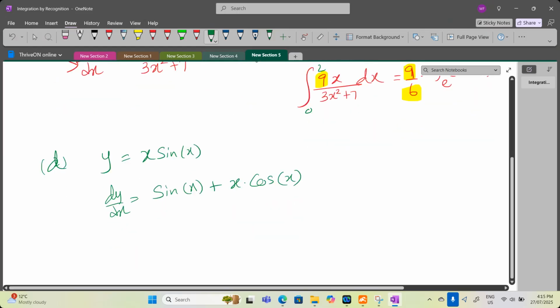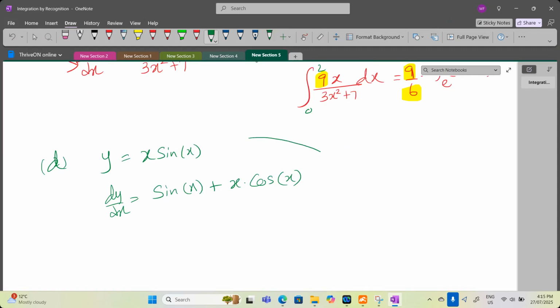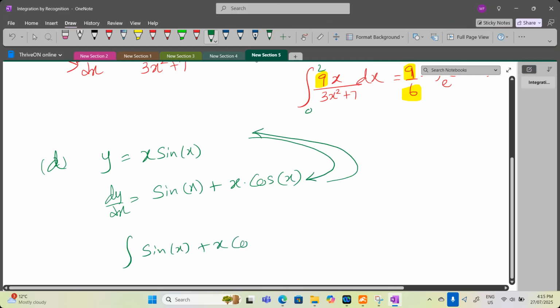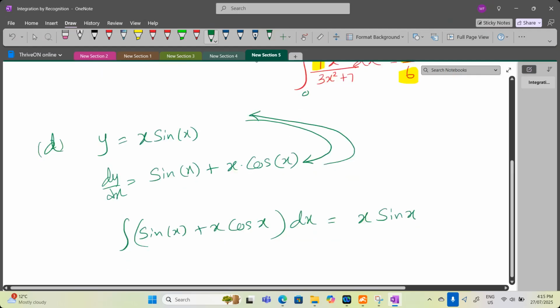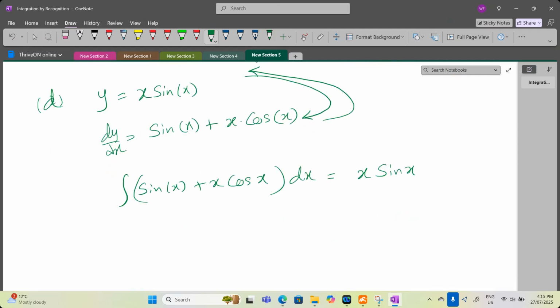Now I can go backward. What did we do? We came forward, differentiated this one, and got this. Now I am asking you to go backward. That's a recognition. The antiderivative of sin x plus x cos x dx should be x sin x. Same thing backward.